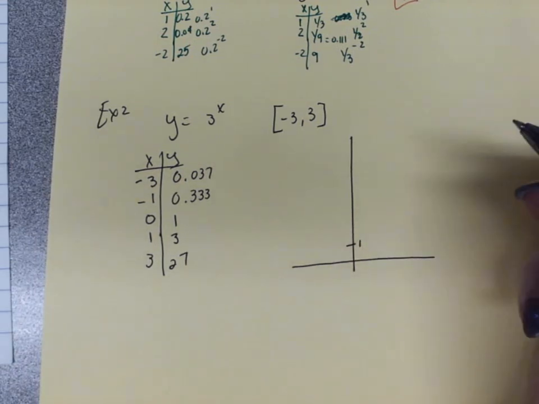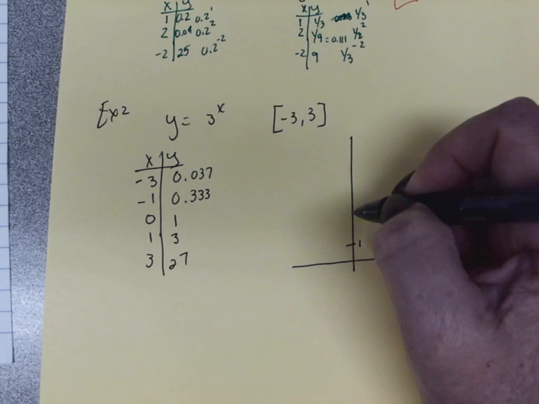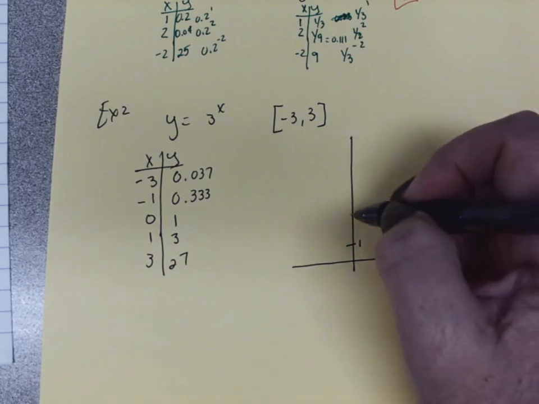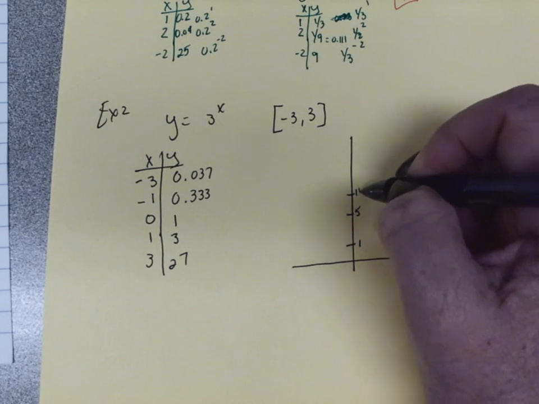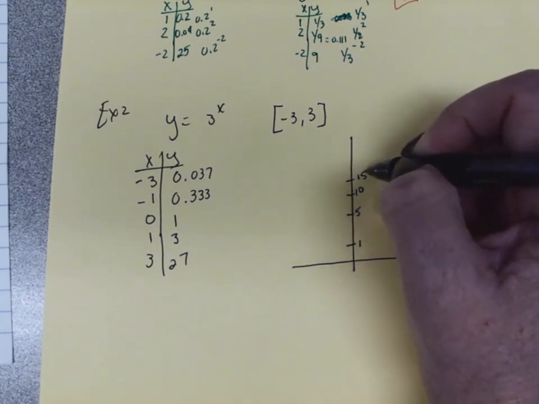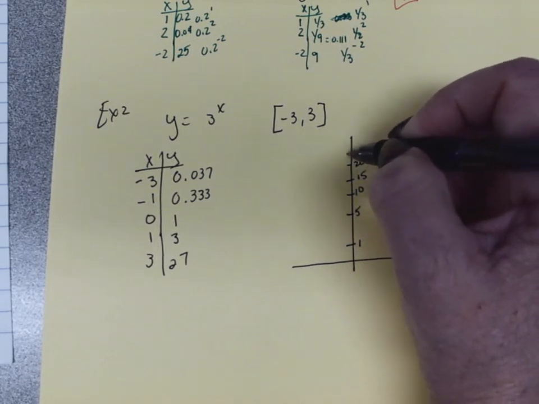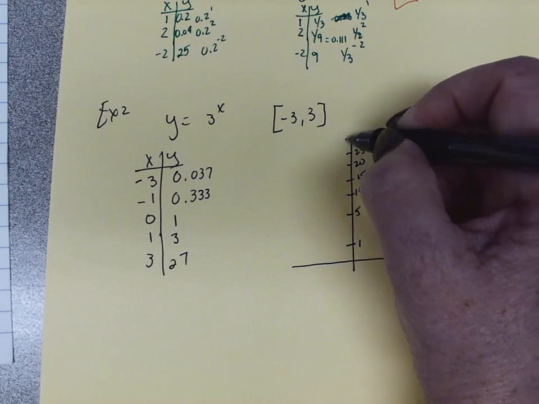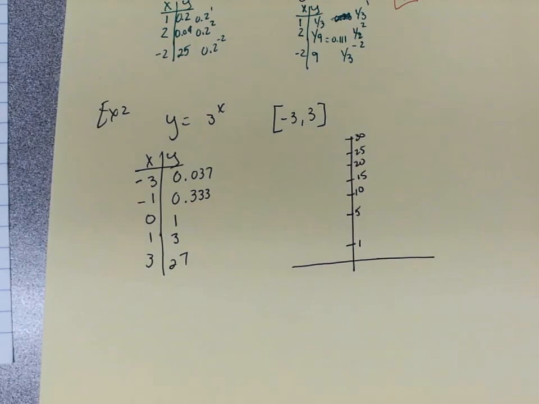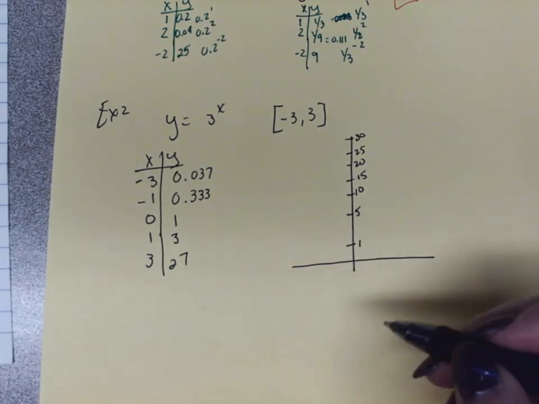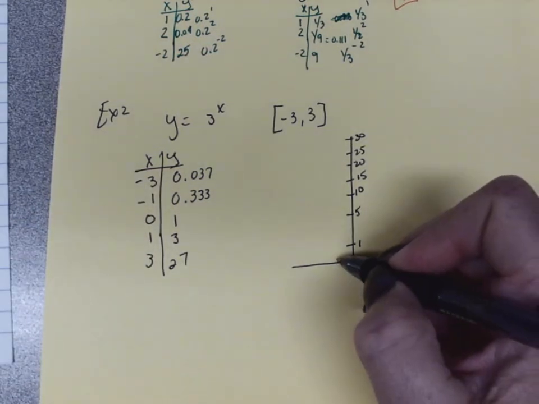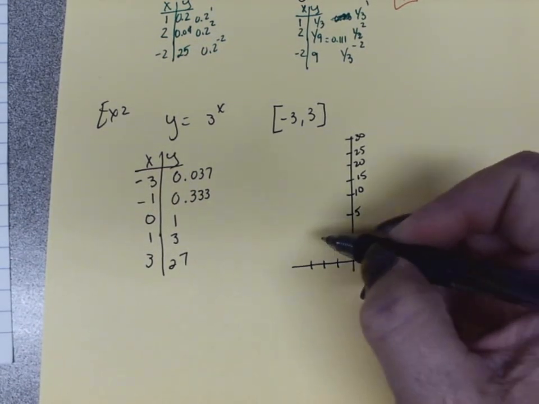So we'll count this as 1. And then I'm going to kind of jump a little bit here. So let's call this 5, 10, 15, 20, 25, and 30. Because I want to show you it's going to go through the 1. Now our bottom graphs, they can just be at 1 increments.